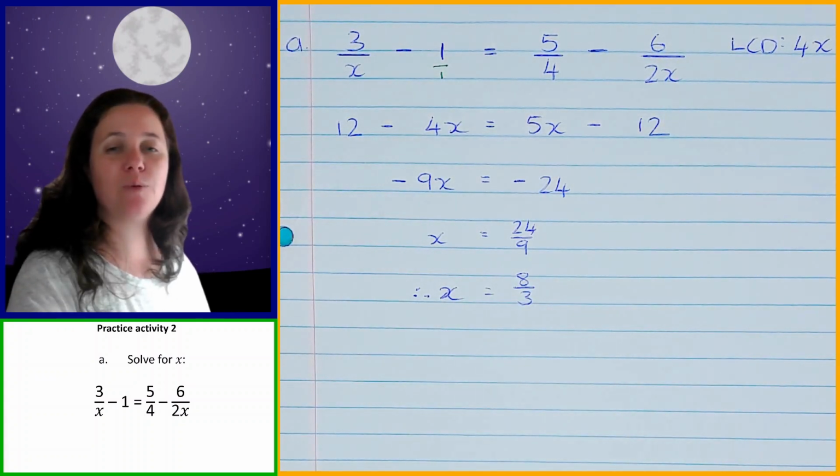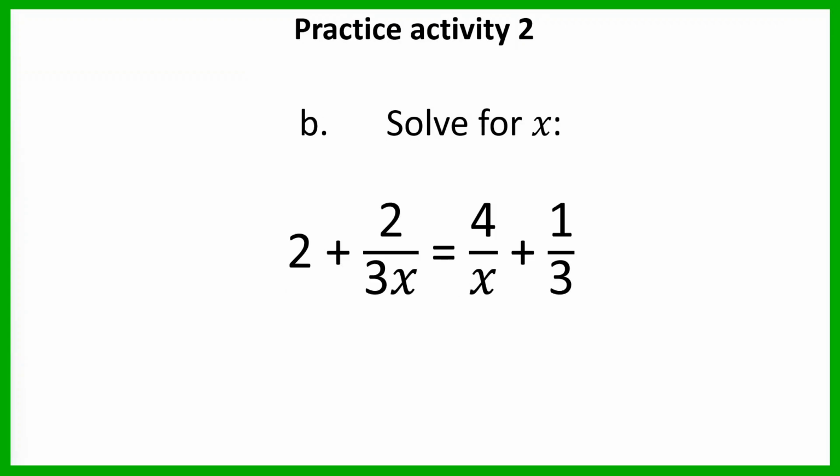Okay, so let's go on to the next one. In question B, we've got 2 plus 2 over 3x equals 4 over x plus 1 over 3.